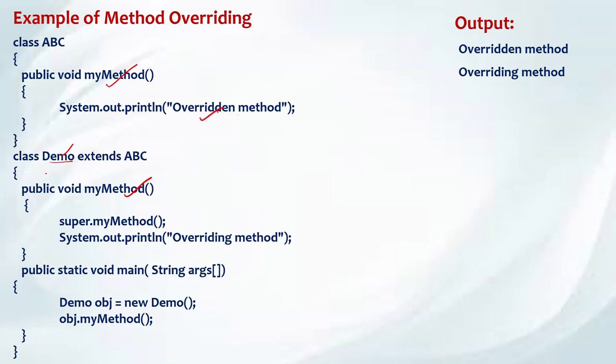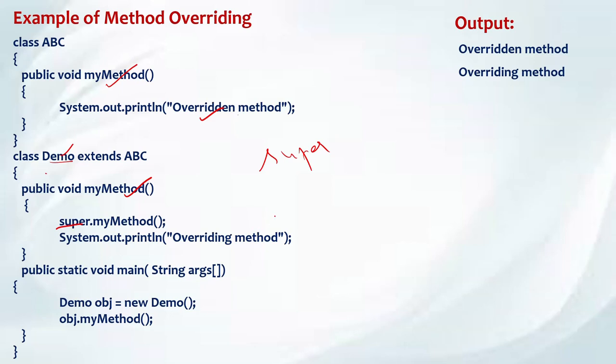If the function is called, this will be executed. In the demo class, that is the subclass, in my method we are using the keyword super, which helps us to access the method in the superclass. In that class, System.out.println prints "overriding method".